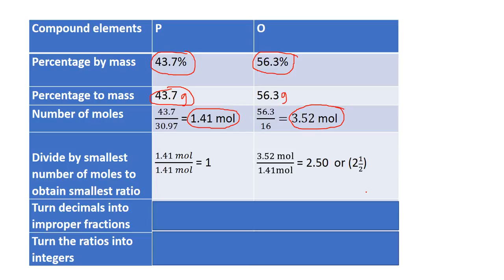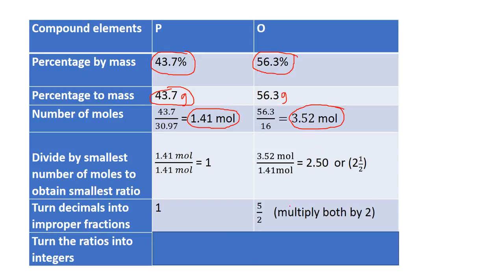So the next step is to write this in the form of an improper fraction. So here what we are going to do is to turn the decimal to improper fraction.